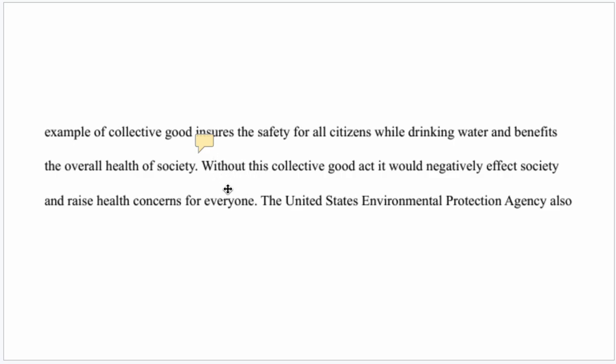I would like to remind you that a rabbit can go without a log. When we learned P S, we learned that a prepositional phrase is anything that a rabbit can do to a log plus a noun. And "this collective good act," even though it's a little awkward, is our noun. So I would hope that if this was your paper and you were revising, you would notice that this is a P S and that it needs a comma right here.